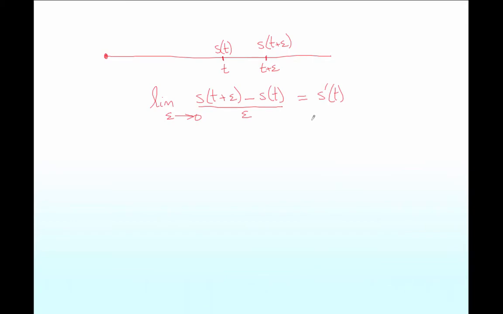But there's another name that we can give to this, and that is the speed. The speed v at time t is the difference in distances that it has traveled, that is to say, this distance minus this distance divided by the time.